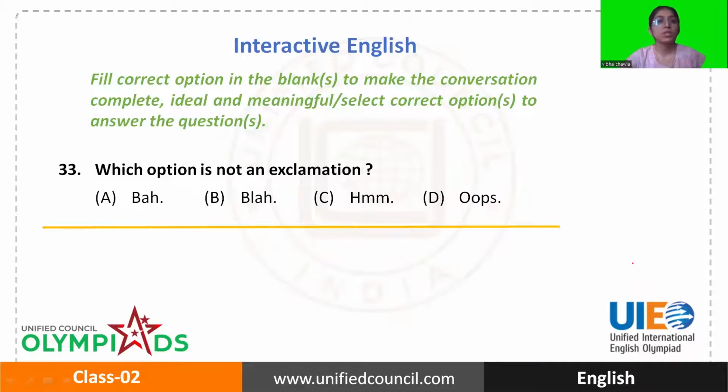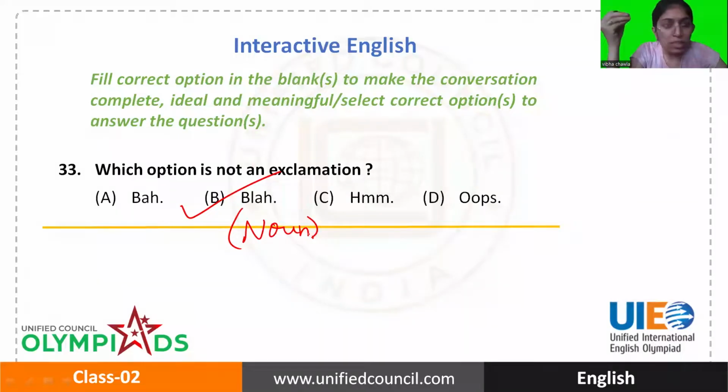Which option is not an exclamation? So blah here is not an exclamation, that's a noun. People say blah blah blah when they don't want to give the exact words that somebody has said or written. They think that these words are not important or are boring, so that's why they use blah.